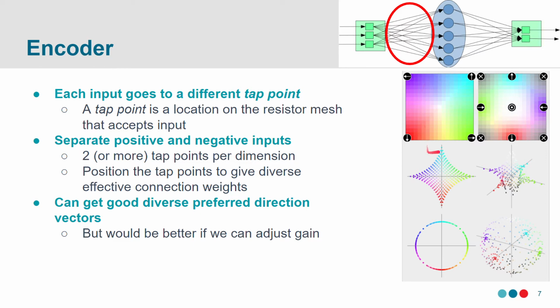So what we're saying is, in the ideal case where this is a perfect resistor mesh and there's no transistor mismatch, any current that I inject at different points in here is just going to smoothly flow across this mesh. If I then take a look at each individual neuron, say this neuron here, most of its input is coming from this negative first dimension.